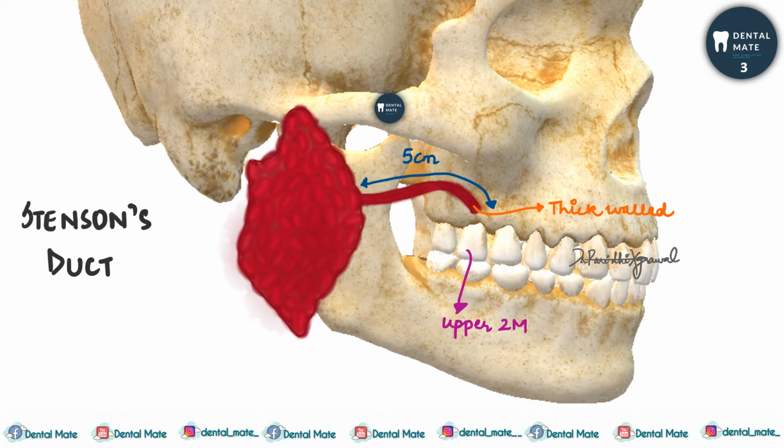It opens in the vestibule of the mouth opposite to the crown of the upper second molar tooth. It has an oblique course through the buccinator, and the inflation of this duct is prevented during blowing.